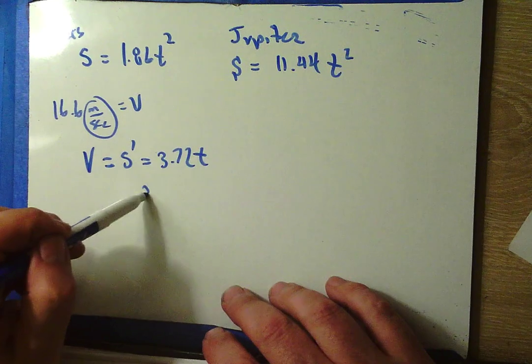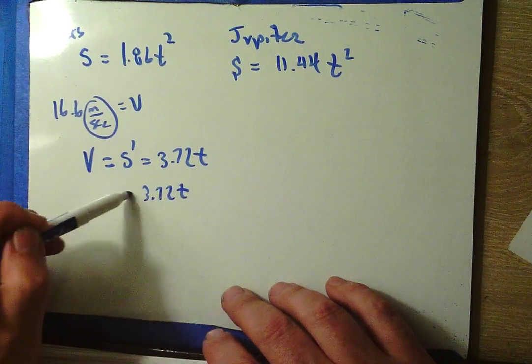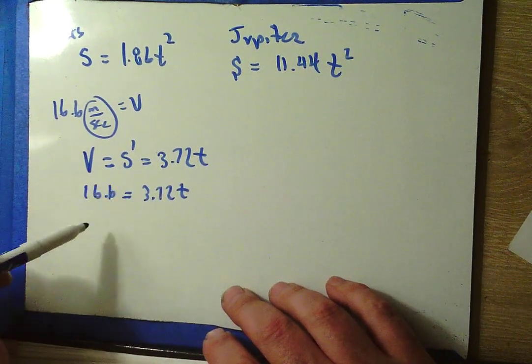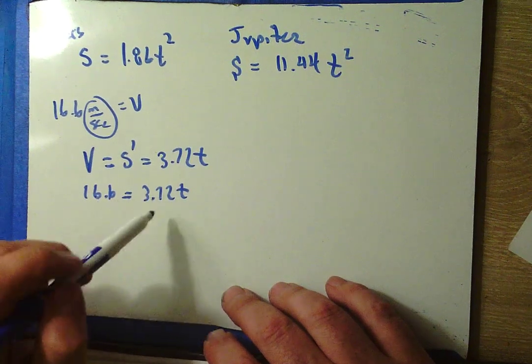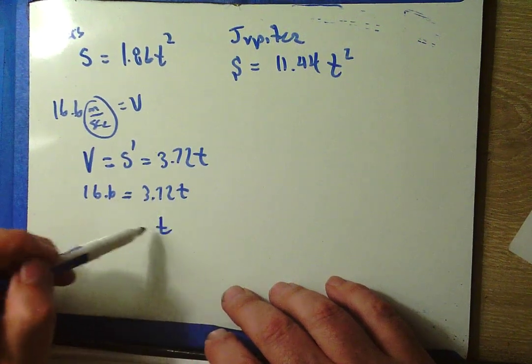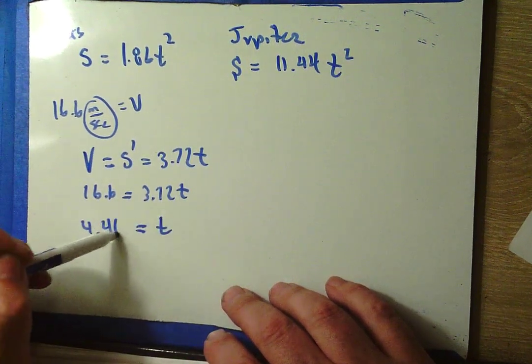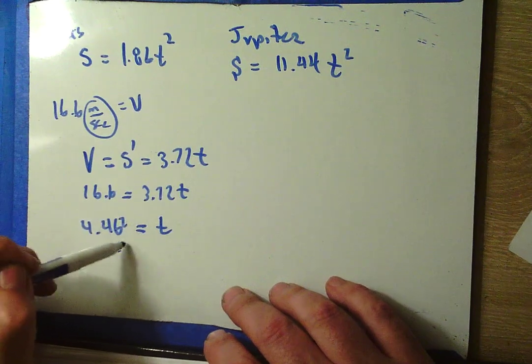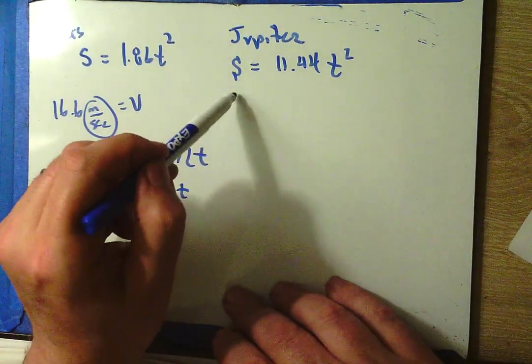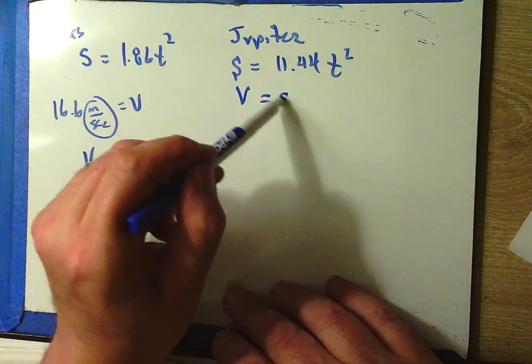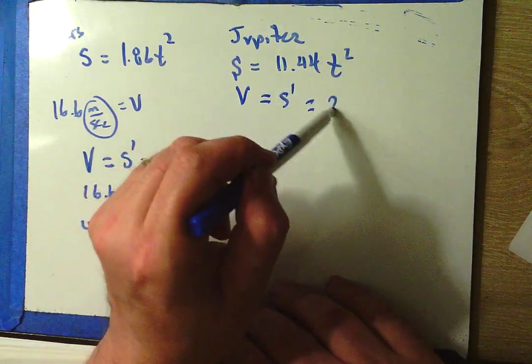And I want to know when 3.72t is equal to 16.6. I divide both sides by 3.72, and I get t equals 4.462 seconds.